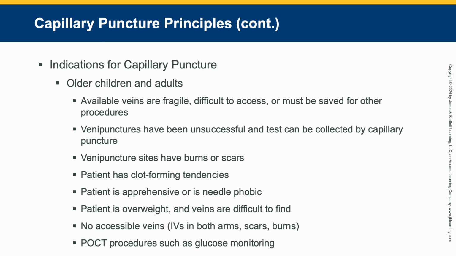If venipunctures that maybe you or someone else have done have been unsuccessful, and whatever the doctor ordered can be done by capillary puncture, like let's say you've already stuck them in both arms, and maybe you've already looked at the hand veins, hopefully you haven't already stuck the hand veins too, then maybe you can look and see if that test is acceptable by a capillary stick. And if so, you can do that and get enough blood. And that way you're not walking away empty-handed from that patient.